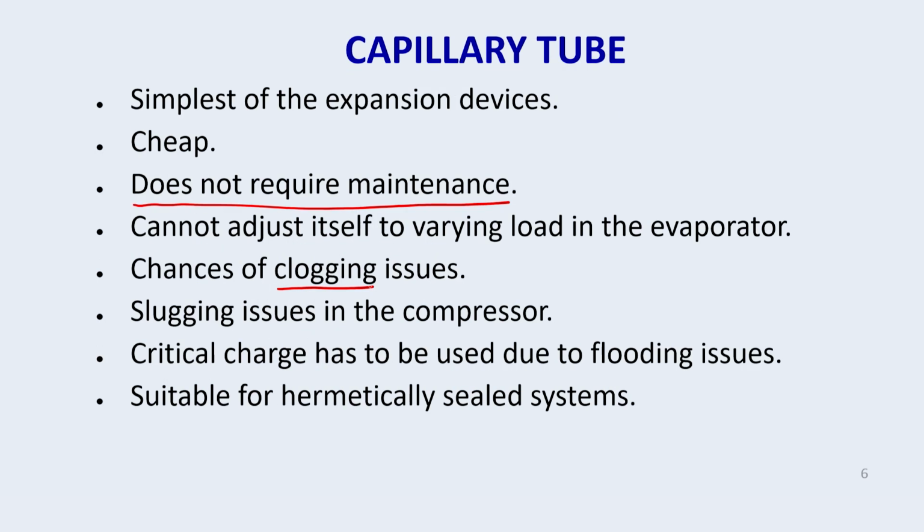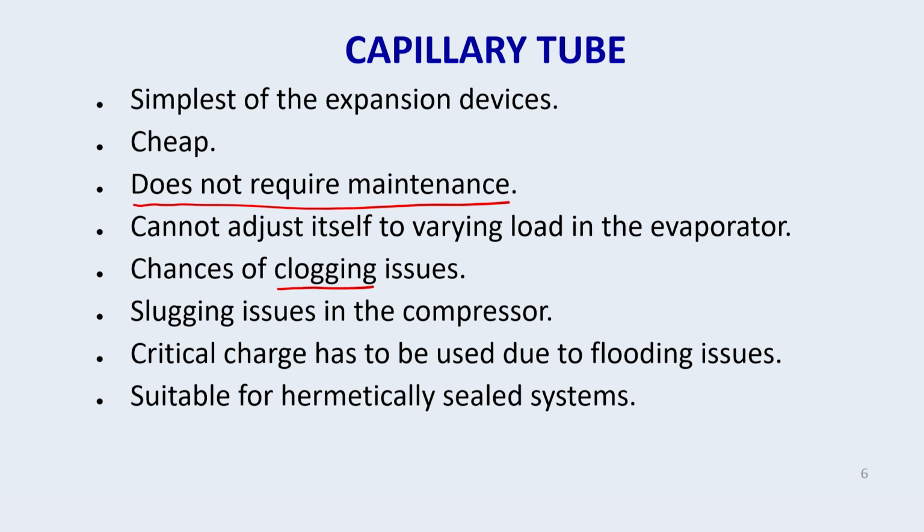Sometimes if water vapor is present, or if the tube contains air which is humid, it contains moisture, or dust or dirt particles from the air, it could get accumulated inside the tube. Since the diameter is very small, there are chances of clogging issues. It could affect the flow of liquid from the condenser to the evaporator. So, that is the clogging issues.